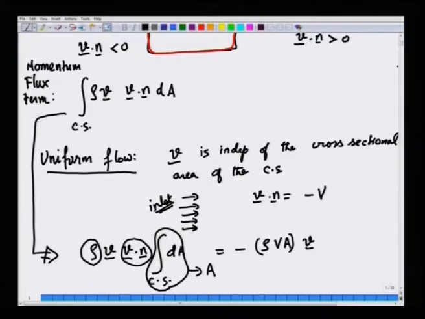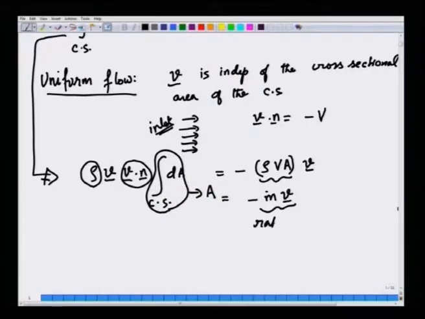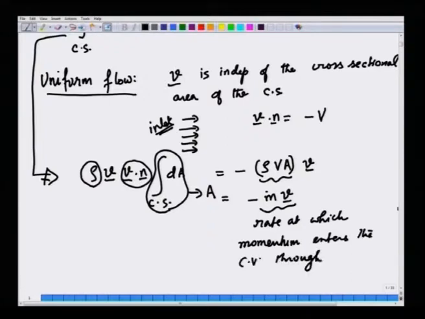The negative sign is because we are focusing on the inlet. Rho v A is nothing but the mass flow rate m dot times v, the velocity vector. Mass times velocity is momentum, so mass flow rate times the velocity vector is the rate at which momentum enters the control volume through the inlet by virtue of flow.